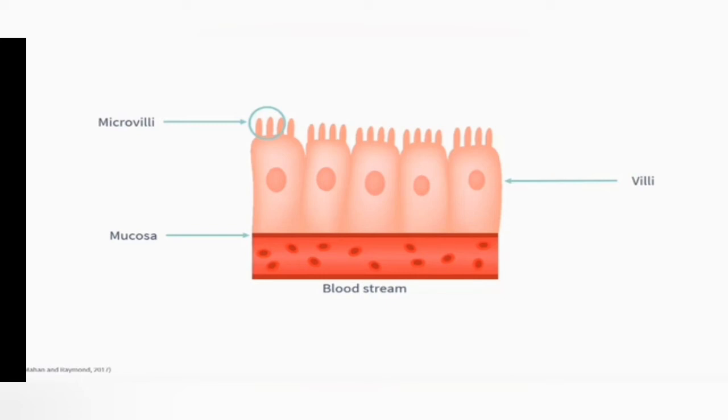They are millions in number, and they have a pseudo movement as well. When food comes onto that surface, they get stimulated, and with the help of stimulation they have a pseudo movement, and with that movement they absorb the nutrients.